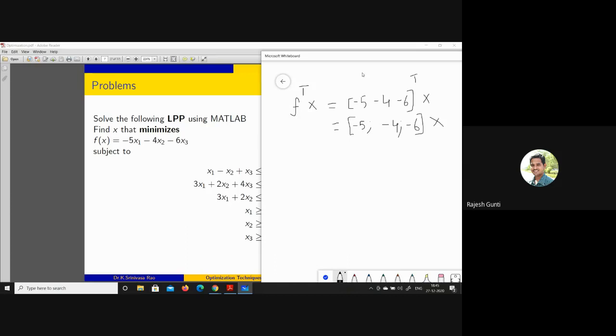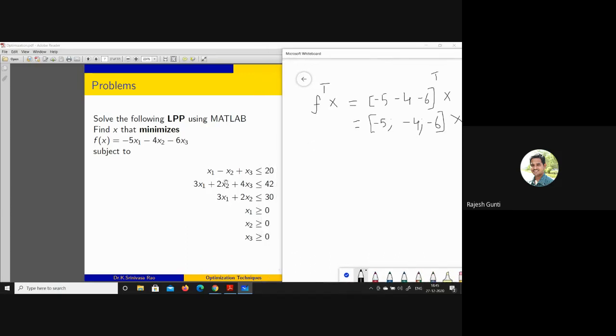Next, inequality constraints. How to write this one?